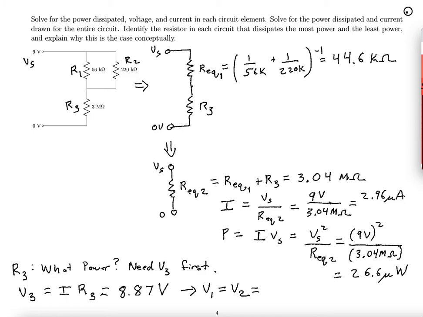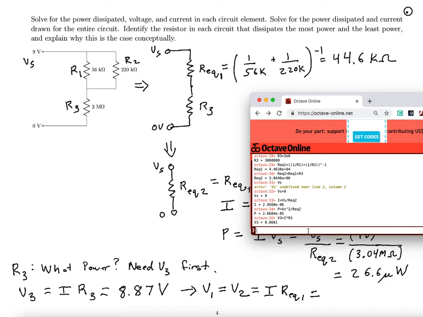So that would be I times R equivalent 1, which is 0.13.